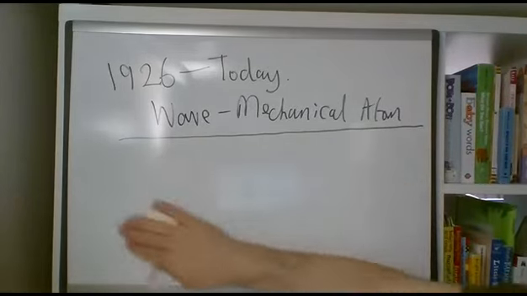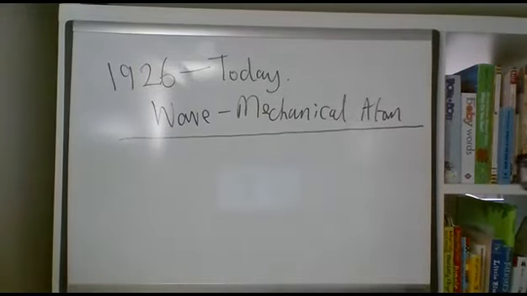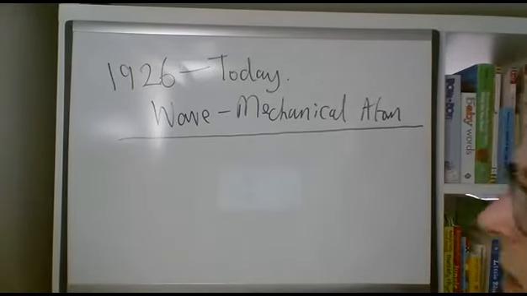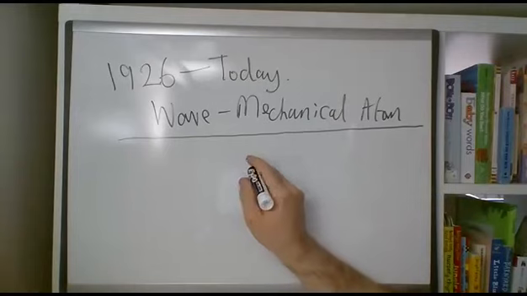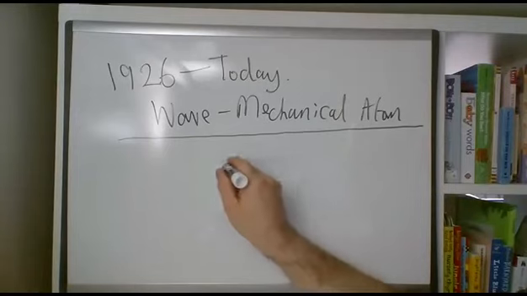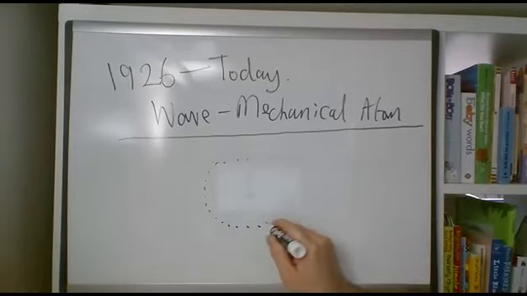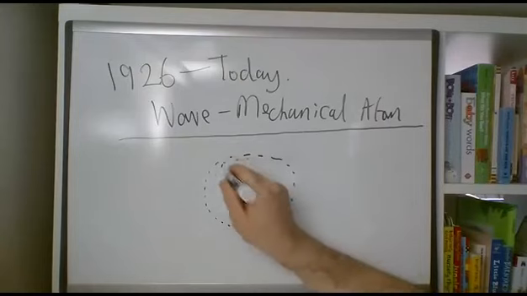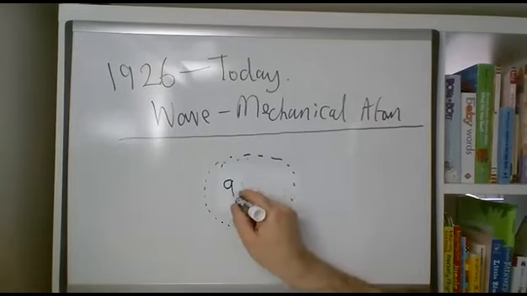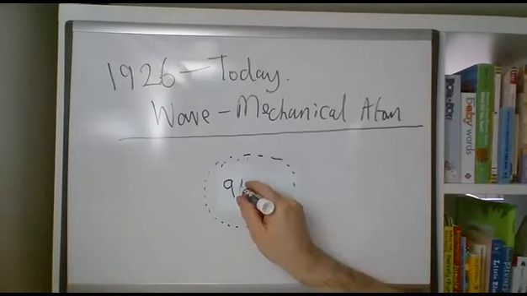So the electron can exist inside orbitals. So how do we draw this? We basically give it a dashed line and we say 95% probability.